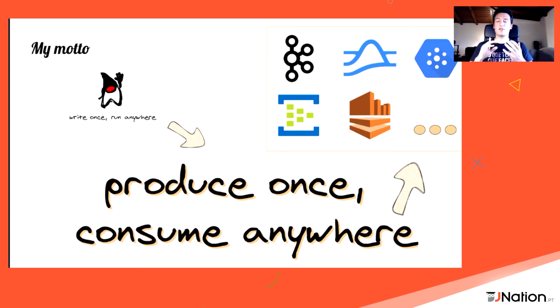It doesn't matter if it's a particular cloud, a particular data center, or a different country, and they can put that data in our platform. So it may be Kafka, Pulsar, Google PubSub, Microsoft Azure Event Hub, Azure Kinesis, AWS Kinesis or AWS MSK. It doesn't matter the technology, whatever is better for them.